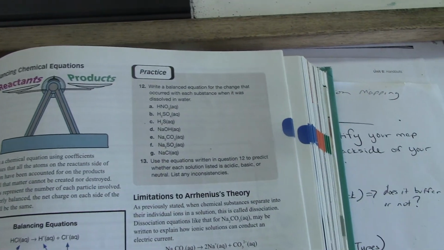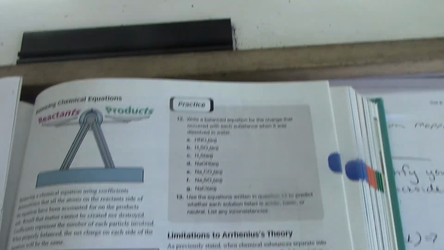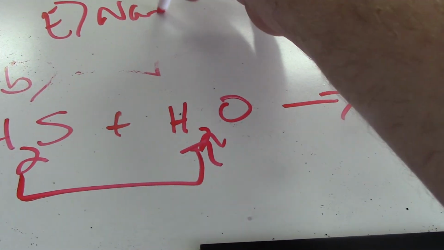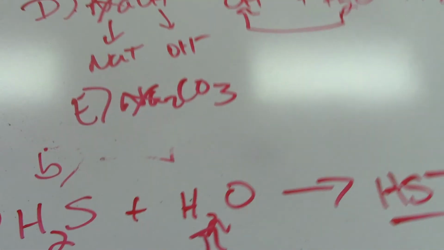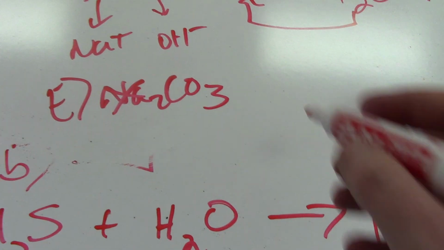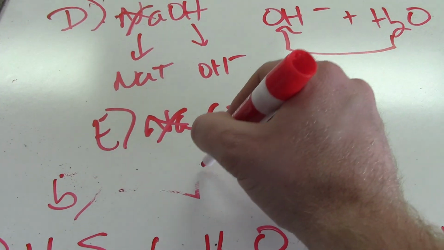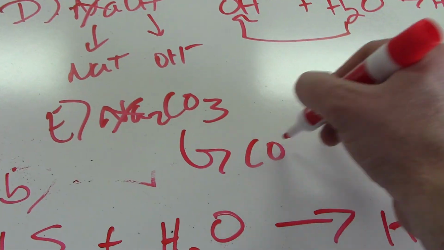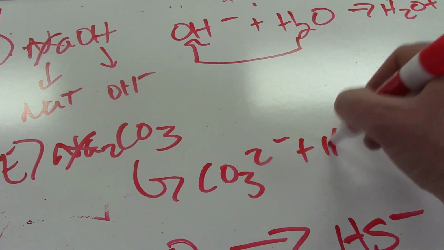Now I can look at Na2CO3. Again, I'm not going to deal with the sodium. Bases with sodium, we don't deal with it when we look at the acid-base reaction. So this makes CO3 2 negative plus H2O.